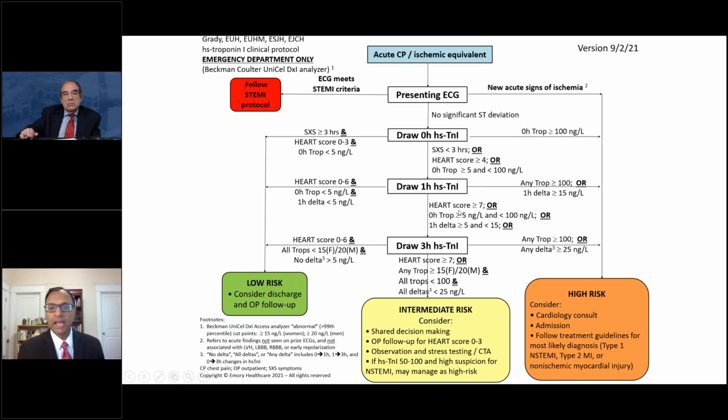I do want to point out that we really collaborated very closely with our ED colleagues to come up with this pathway, because they see the vast majority of acute chest pain patients and have to implement this. And so, to their credit, they said, we recognize 50 may be the manufacturer's cut point of what is high risk. We are willing to take that out to 100 as long as the deltas are not very high.